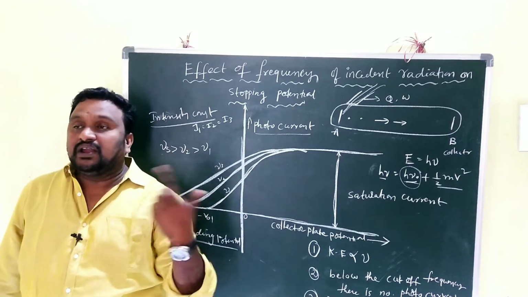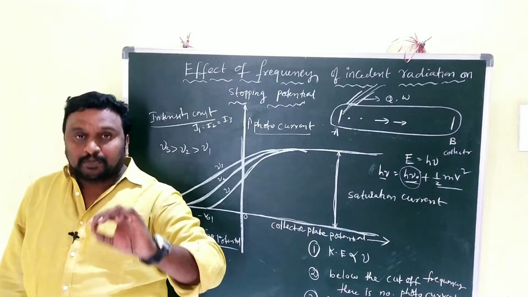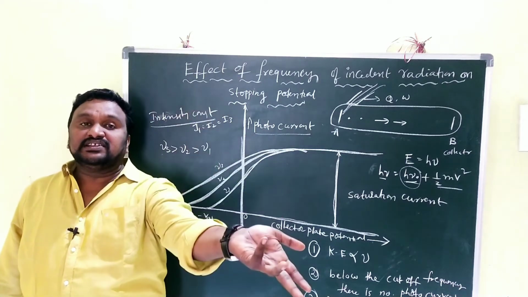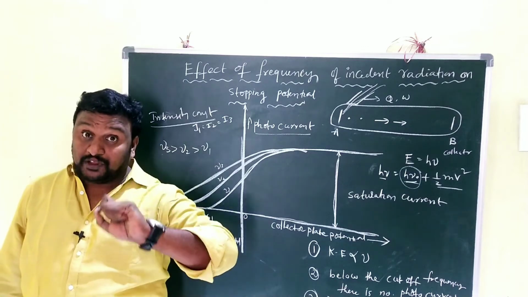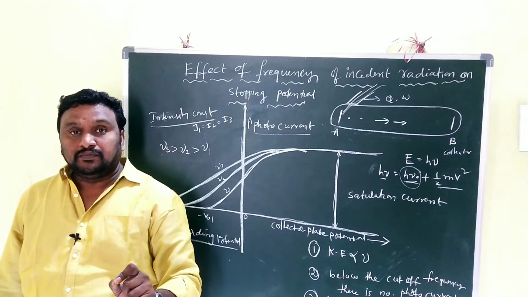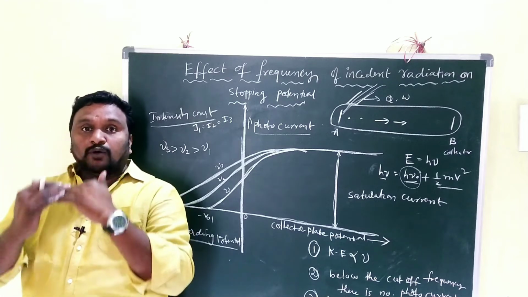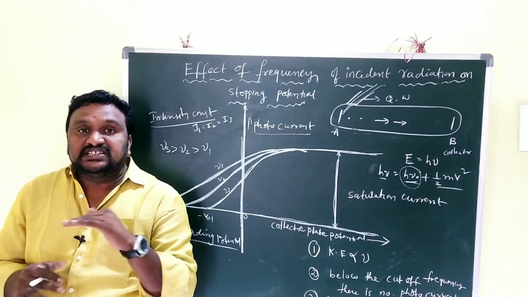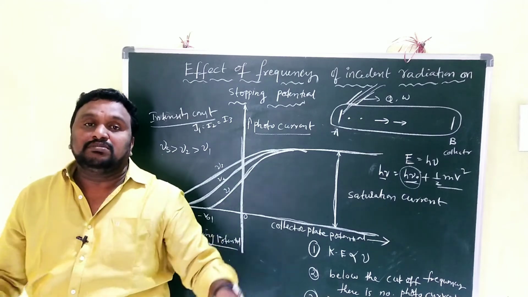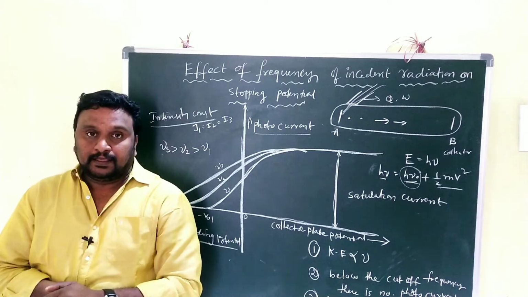At stopping potential there is a frequency called the threshold frequency. Below the threshold frequency there is no photoelectric current. You have to remember that, it is the important thing.